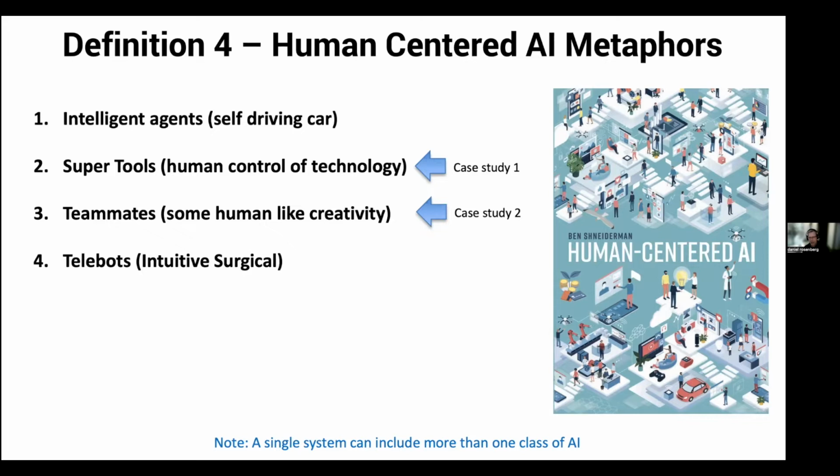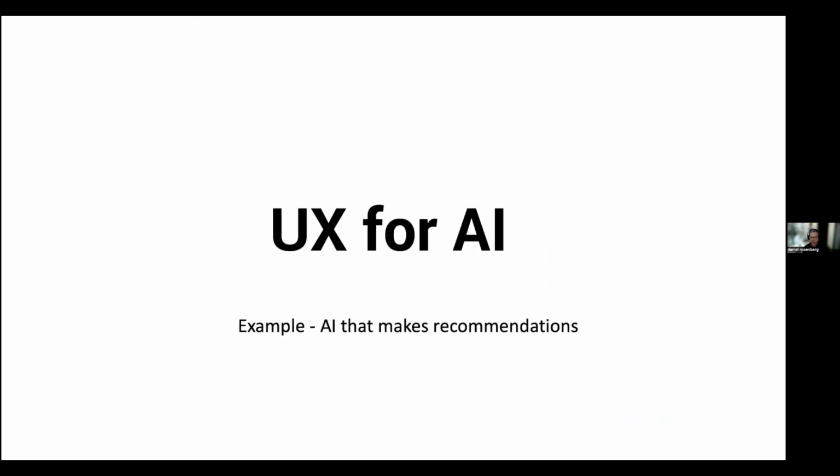And my case 1 study would be in that category. And AI is a teammate where it does something like human creativity, but maybe you're a partner with it. And my case 2 is kind of in that bucket. And then telebots, like the intuitive surgical robot that I had a picture of before, where the surgeon is really working in this artificial world, but the patient is on the table being cut up.